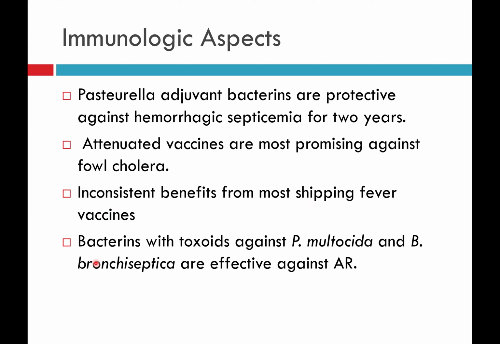Then we have bacterins with toxoids against P. multocida and Bordetella bronchiseptica. This is for atrophic rhinitis. So atrophic rhinitis is caused by P. multocida and Bordetella bronchiseptica, and most of these vaccines are effective against atrophic rhinitis.